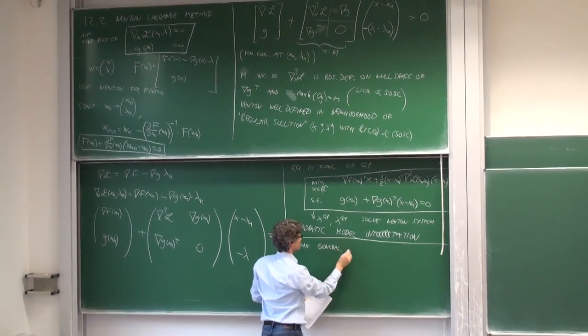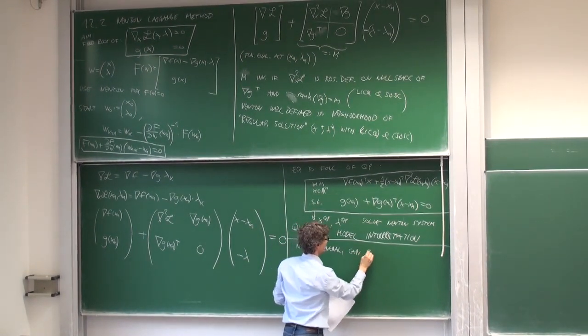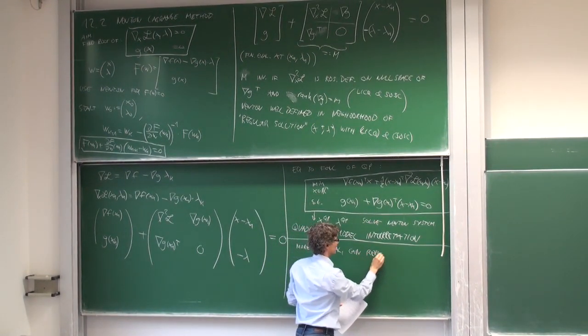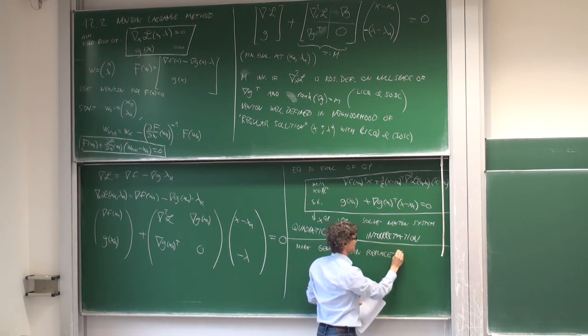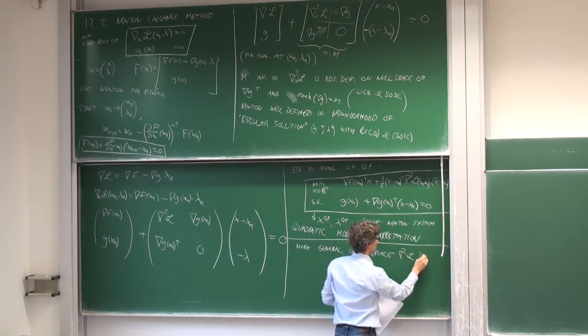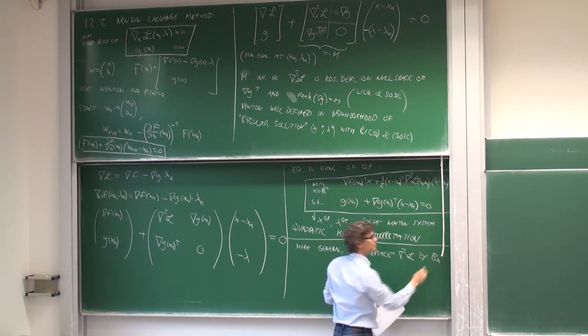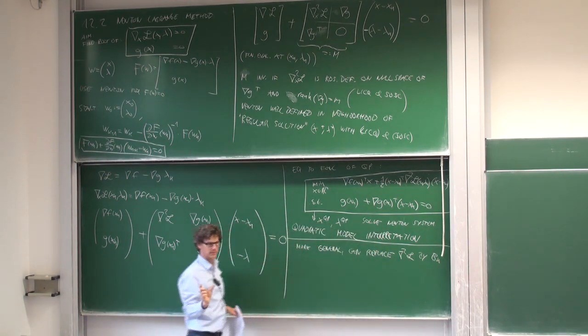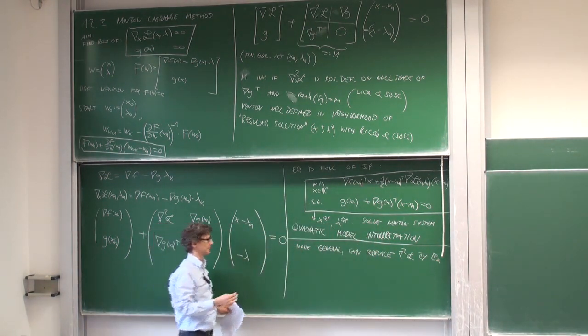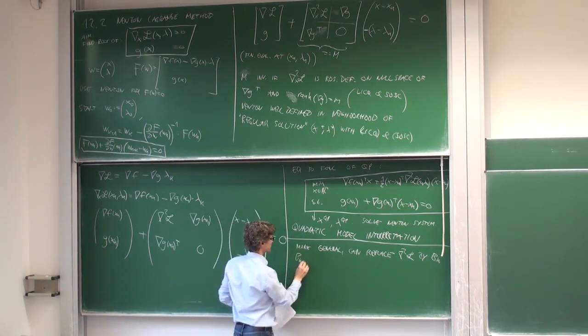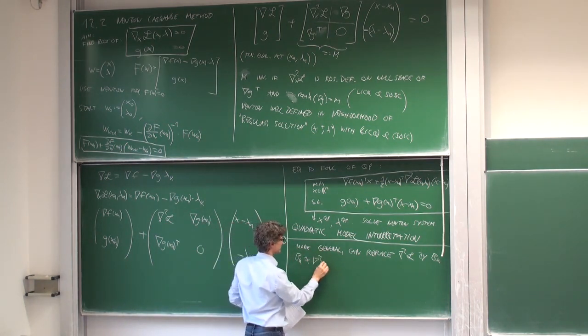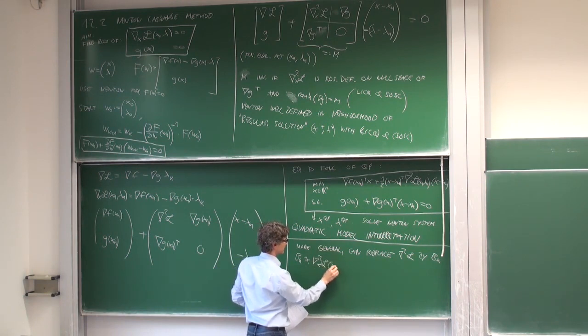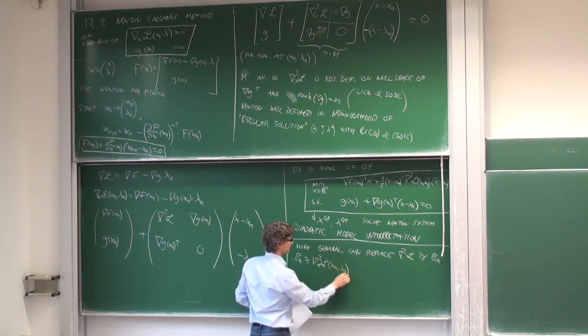More generally, what we can do is replace this second derivative of the Lagrangian by a matrix Bk. I don't specify yet what this Bk is, where Bk should be similar but not necessarily equal to the second derivative of the Lagrangian.